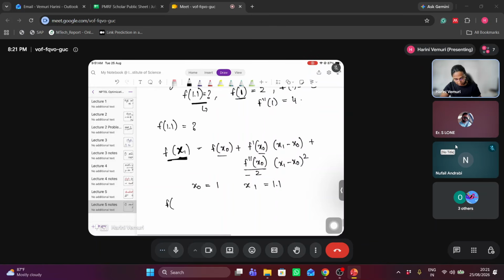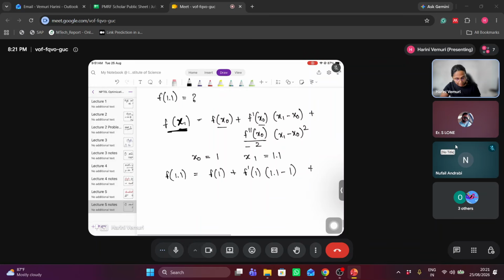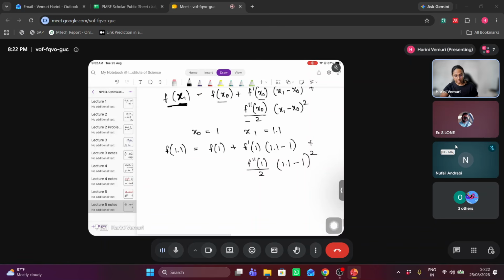So from this, f of 1.1 equals f of 1 plus f dash of 1 into x1 minus x naught, that is 1.1 minus 1, plus f double dash of 1 by 2 into x1 minus x naught whole square.